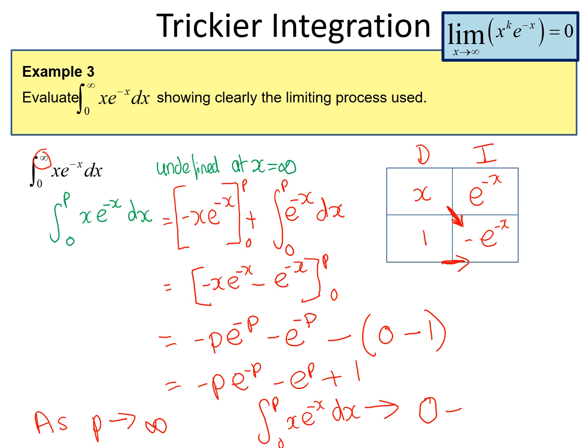This e to the p will be e to the infinity, oh, it's not a p, is it? It's minus p, my fault there. E to minus infinity is going to give us 0. Then you don't put anything into 1, it's plus 1. So that's tending towards an area of 1.